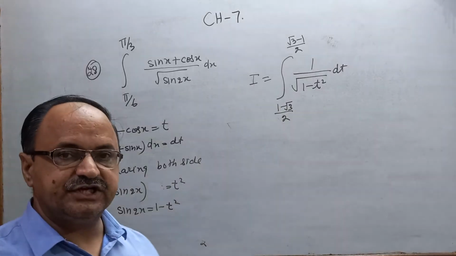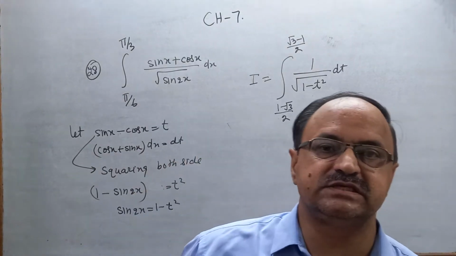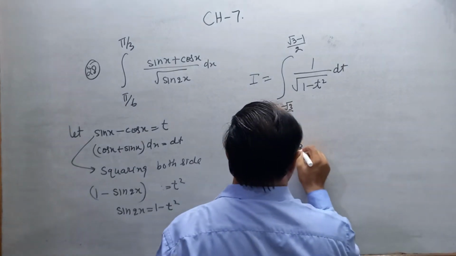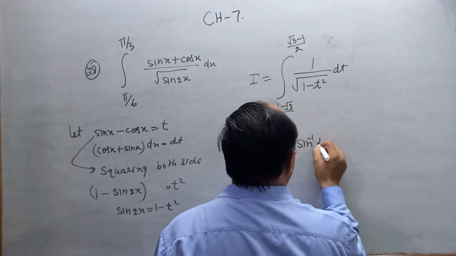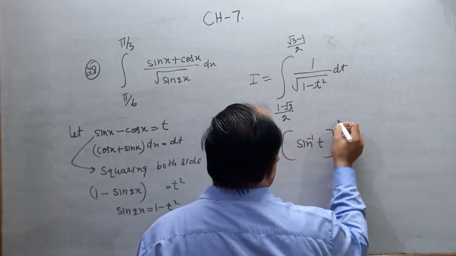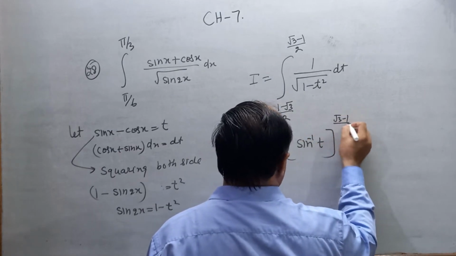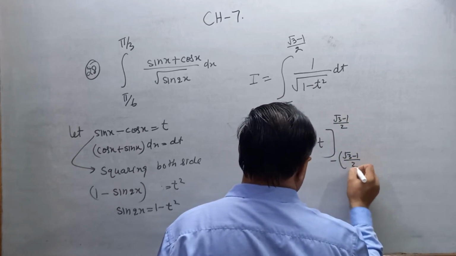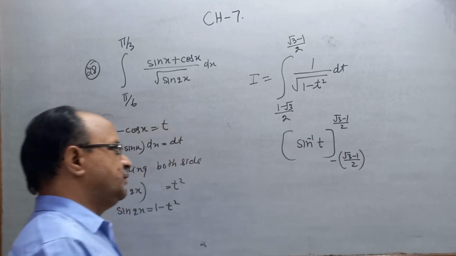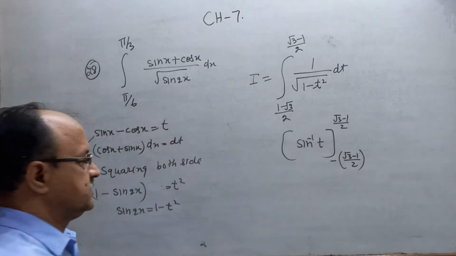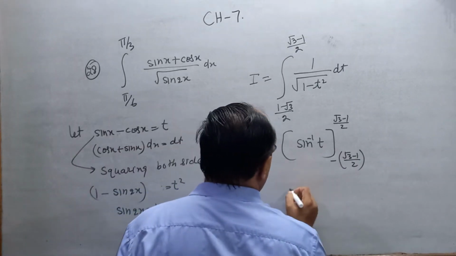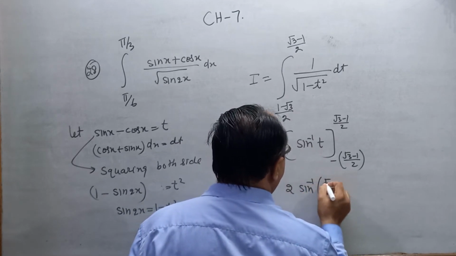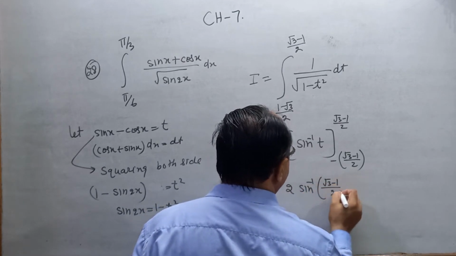And can you tell me the integration of 1 upon root 1 minus t square? Very simple. That is sin inverse t. Put the upper limit minus the lower limit, and the answer is 2 sin inverse of (root 3 minus 1) by 2.